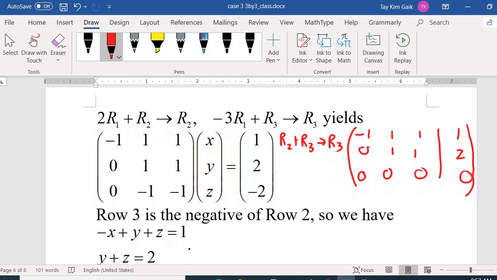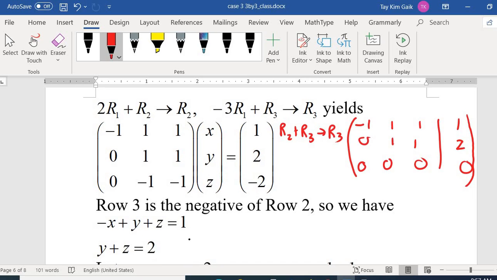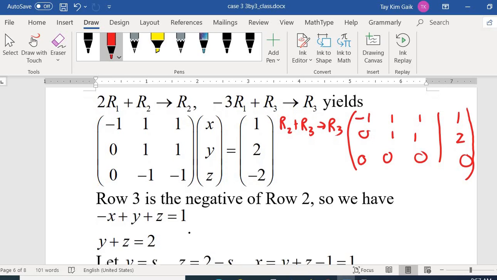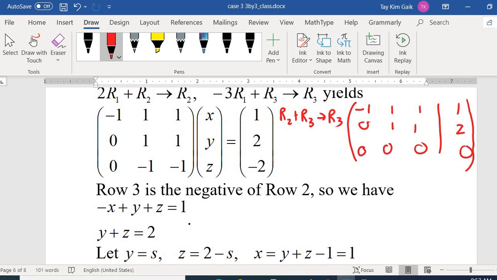Then read back from the first 2 equations. You have negative x plus y plus z equal to 1. Second row, y plus z equal to 2. So the difference compared to step 3, this one no longer 0, this one no longer 0. When finding the eigenvector v2, this is 0, this is 1.